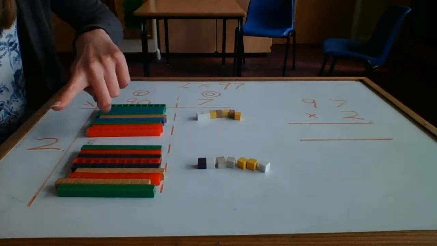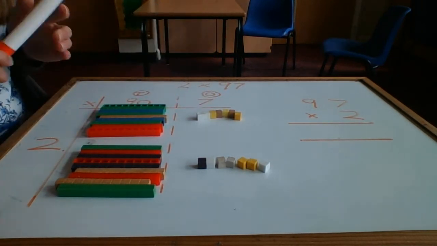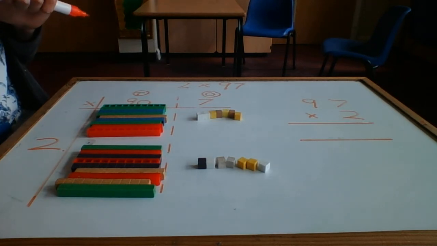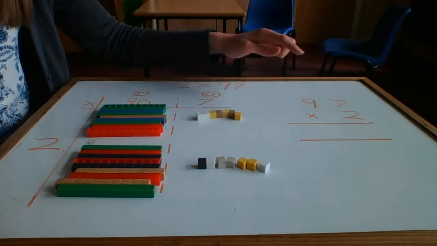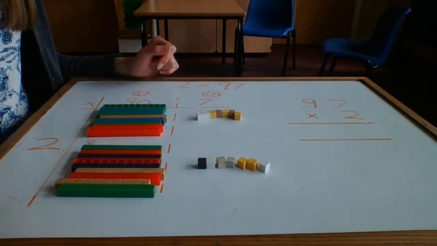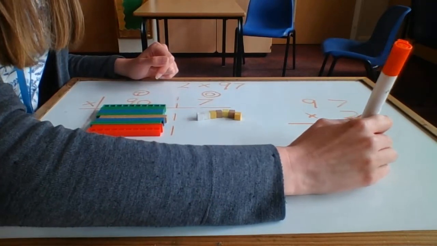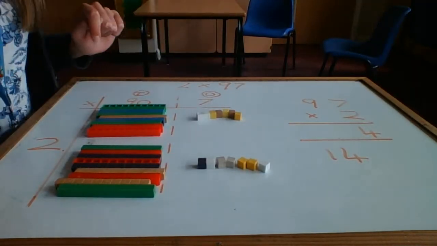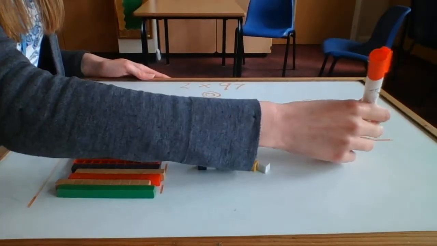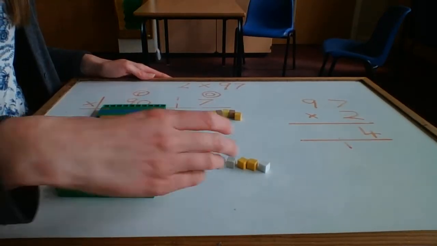2 groups of 97. So, as before, we start with our ones. 2 times 7 is 14: 4 ones, and 1 ten that will need to go under the tens column.